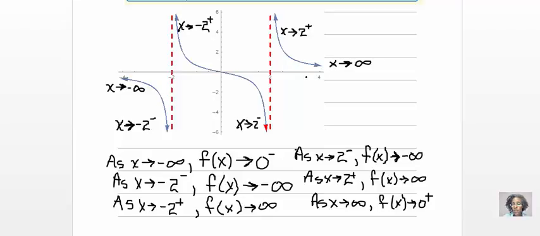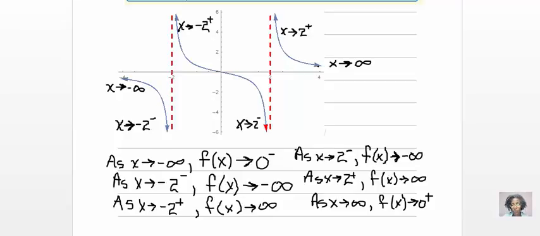The x-axis is actually where y is 0. So that's why we say the function values are going to 0, and they're going to 0 from above. They're always a little bigger than 0, but they are approaching 0.